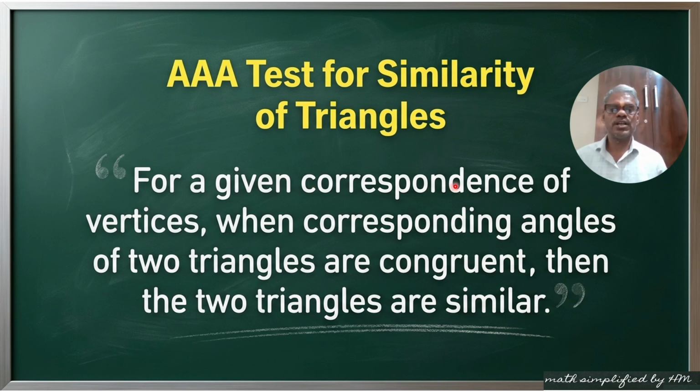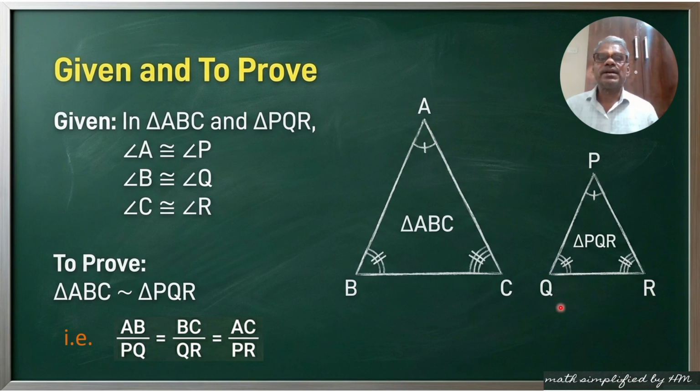For a given correspondence of vertices, when corresponding angles of two triangles are congruent, then the two triangles are similar. Let us break down exactly why this works. To prove this, let us set up our problem in mathematical form.